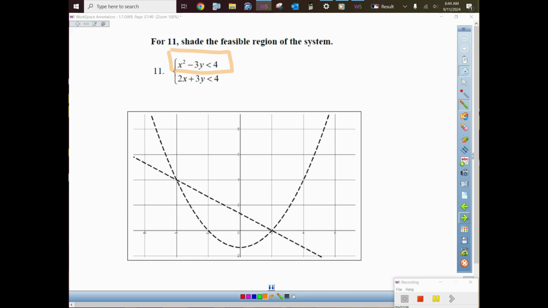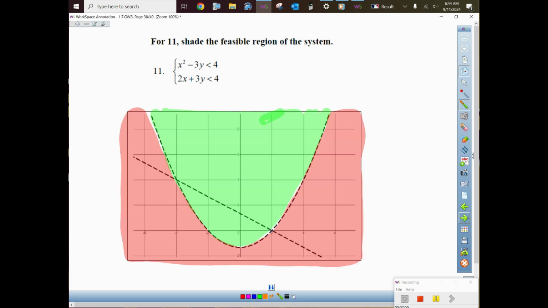So on the parabola, you can be on either of two sides of it. You can be inside the parabola, which is the green zone, or you can be on the outside of the parabola. Let's test 0, 0. Here's 0, 0. Let's see what happens when I substitute 0, 0 in. This becomes 0. The symbol is a less than, and there's a 4 in that case.